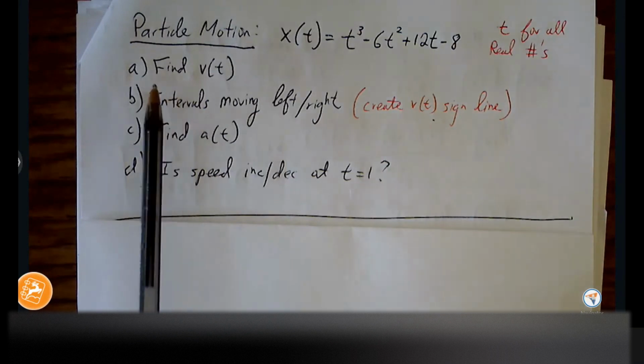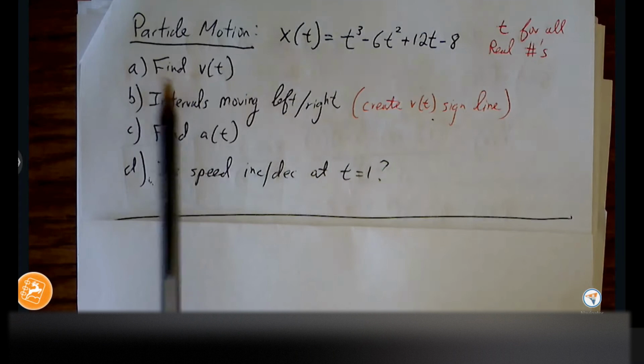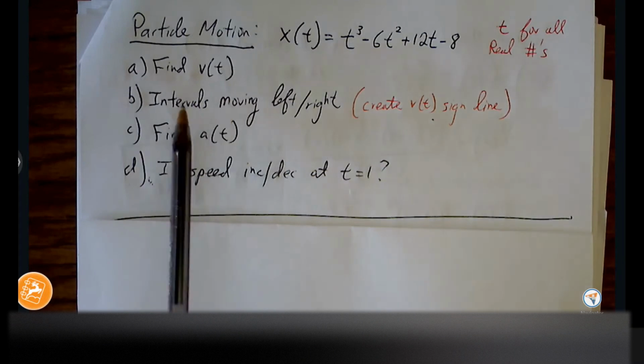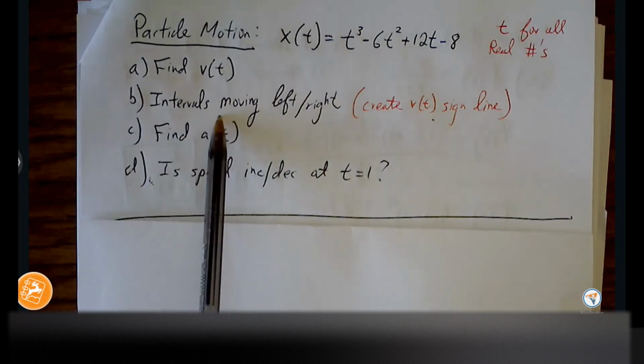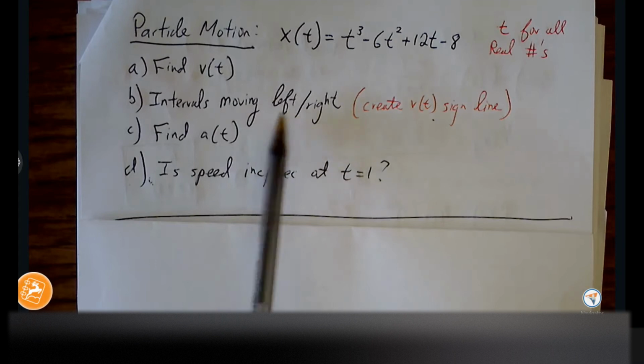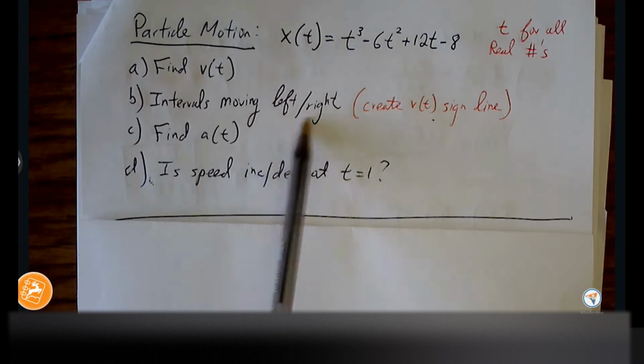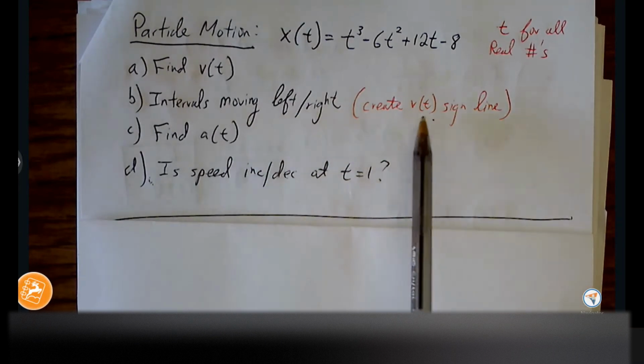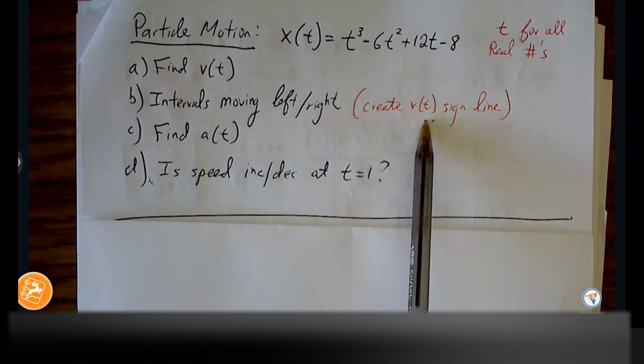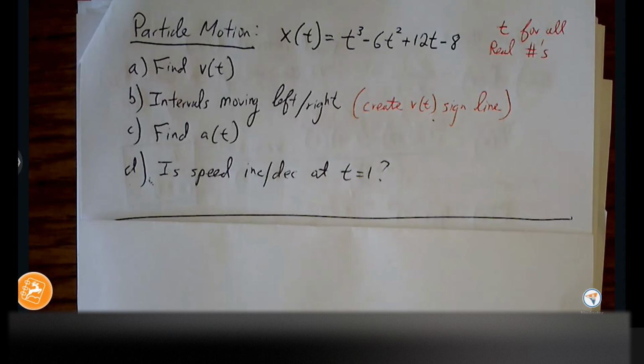So we're going to do 4 things here. We're going to find the velocity, which is just the derivative. We're going to find the intervals where the object is moving left or right. To determine that, we're going to create a velocity sign line. So we'll find the velocity, set velocity equal to 0, find the critical points, populate it, and test values on either side.